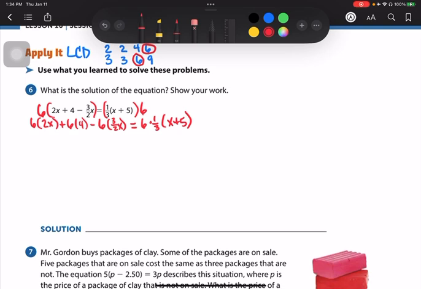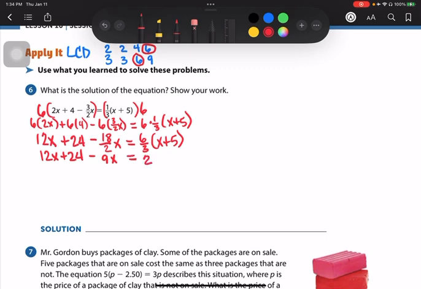So now next line we have 12x, we're simplifying, plus 24 minus 18 over 2x equals 6 over 3 times x plus 5. Now we want to simplify. We have 12x plus 24 minus 9x equals 2 times x plus 5.